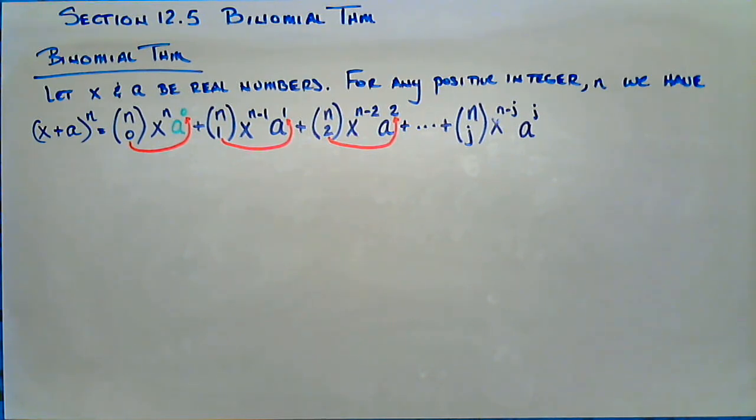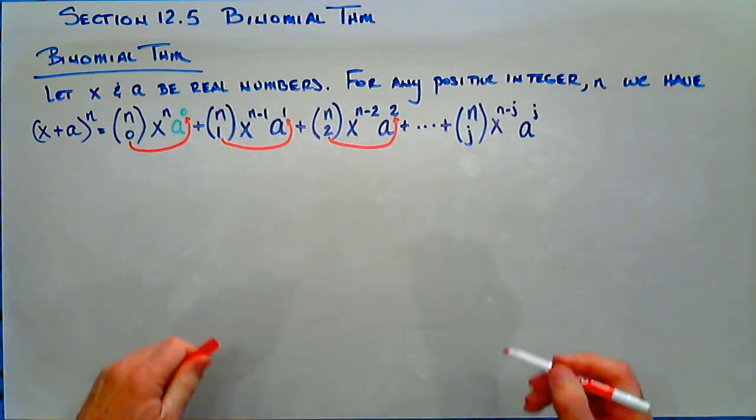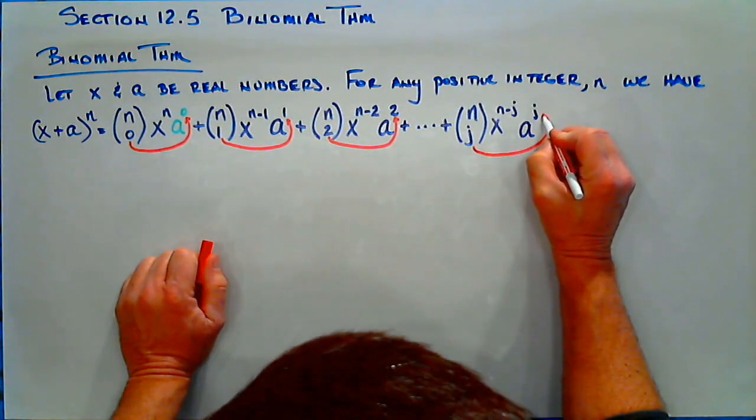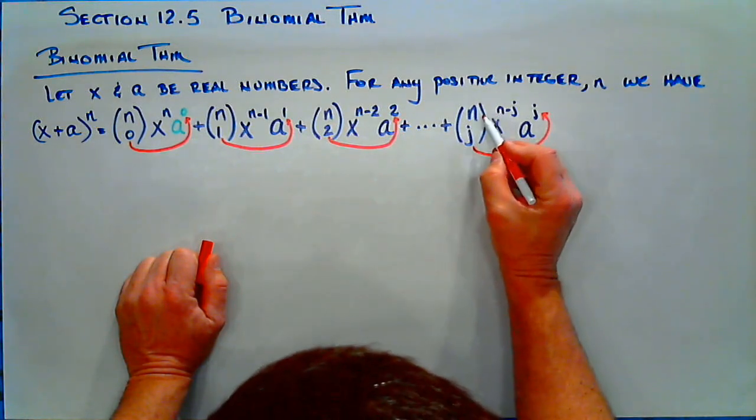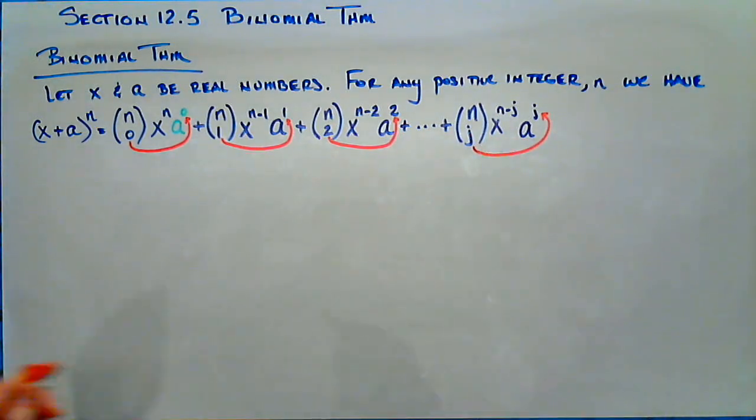Push pause, back up 37 seconds, and listen to it again. Keep listening to it until it makes sense. This ends up being the power here. And then this power is this number minus this number every single time.